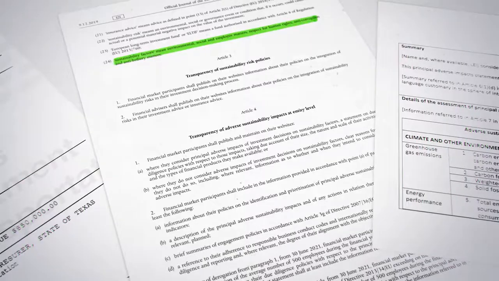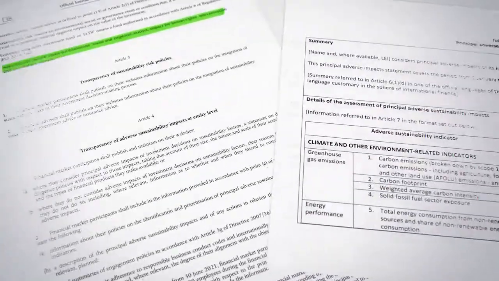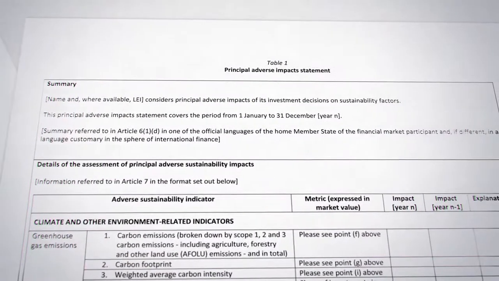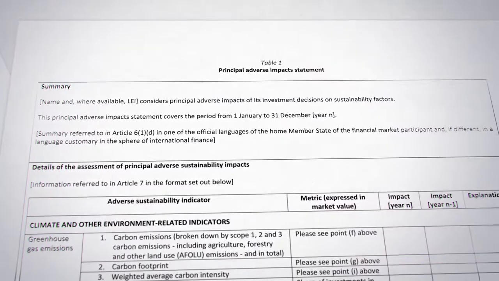Based on the regulatory technical standards, a financial market participant would need to make at least 34 individual disclosures in relation to specific mandated principal adverse impacts. This is then followed by how the firm assesses those principal adverse impacts or others, and a number of disclosures that supplement this, such as how they will mitigate them and the international standards that they subscribe to, such as the UNPRI.